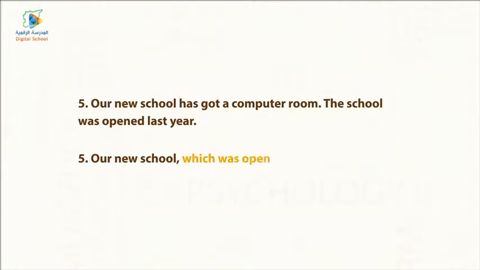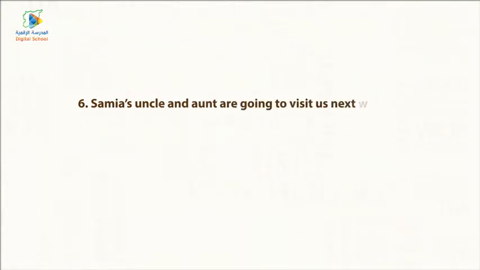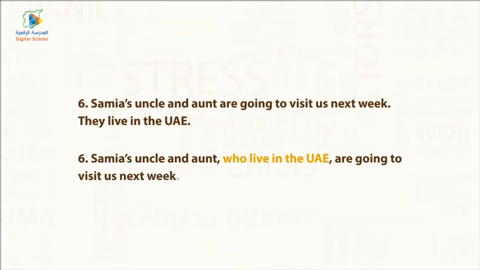Our new school, which was opened last year, has got a computer room. 6. Samia's uncle and aunt, who live in the UAE, are going to visit us next week.